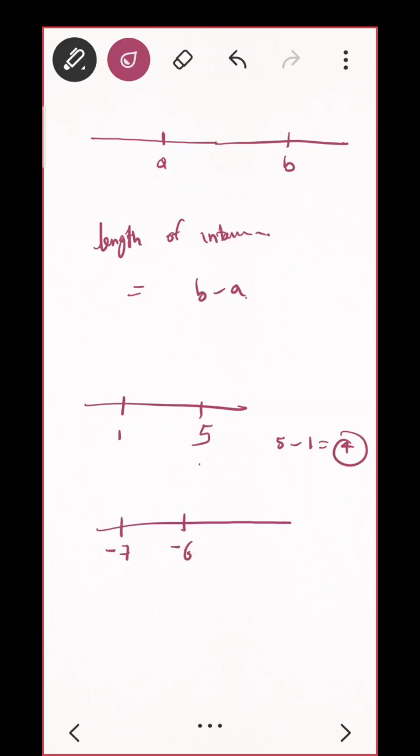Okay, now next question is, what about this one? Oh, wait, let me just make it minus 3. What is the length? How did you do that? Same, that is b minus a or a minus b. What did you do?